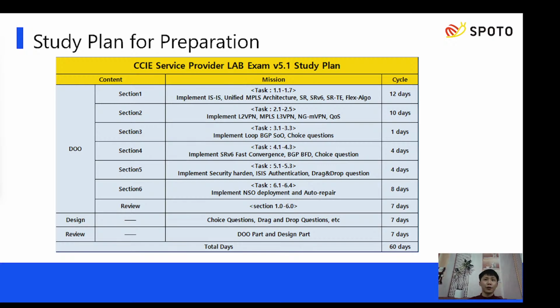And you have to use 1 week to review all of the exam content. And at last, you have 4 days to take a look at choice questions, judge and job questions, and so on.